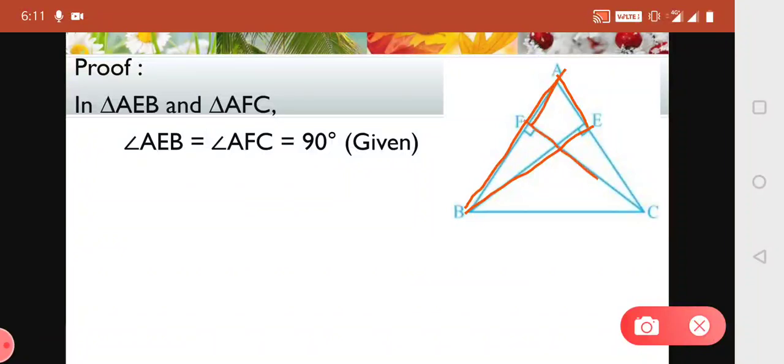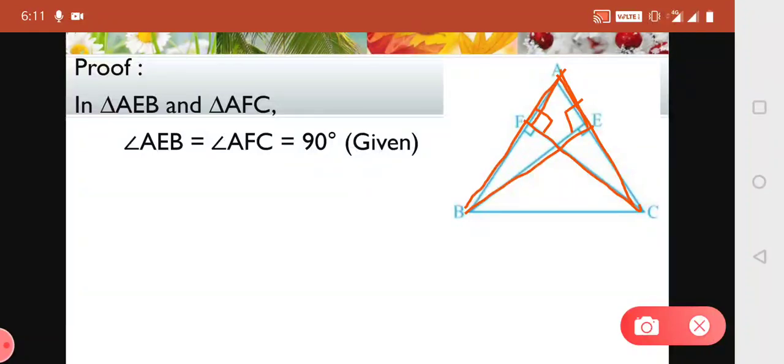Now in these two triangles, AEB, this is your 90 degree. Similarly, your AFC will be 90 degree. Each 90 degree because it is given that BE is perpendicular to AC and CF is perpendicular to AB. It is given, so both will be 90 degree.